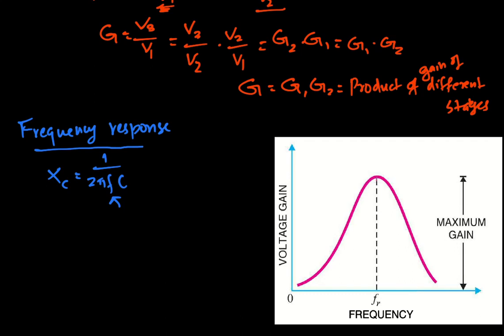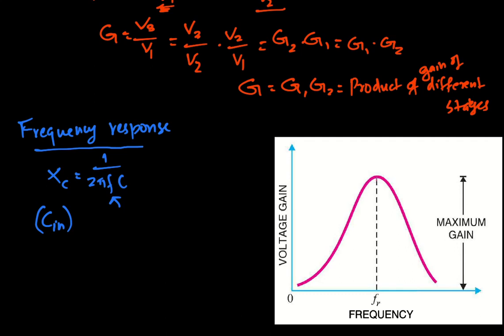Since we are using an AC signal and an input capacitor in the transistor amplifier to isolate the signal source from the input circuit, as the signal frequency increases, the capacitive reactance decreases, so the base current IB increases, which will increase the gain of the transistor amplifier.